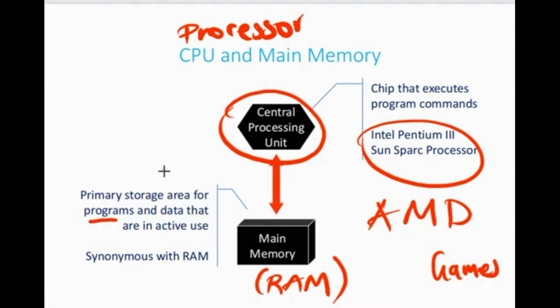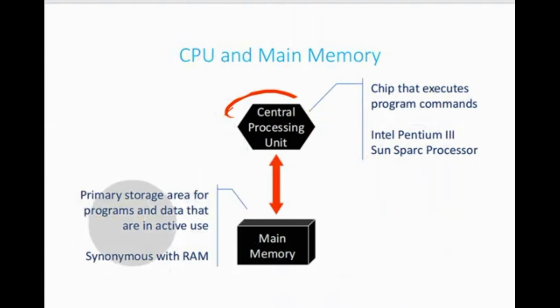Of course, beyond our scope, we can categorize RAM into static RAM and dynamic RAM. But for now, just know that RAM is the primary storage area for programs and data that are in active use. So when a computer turns on, everything that you are doing on a computer is stored in the main memory, the RAM.